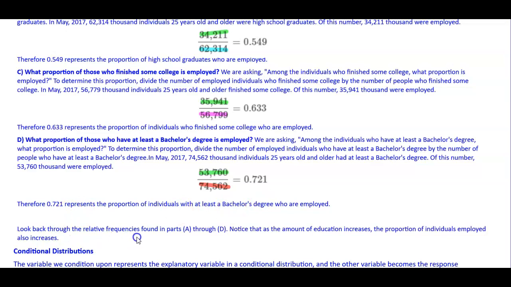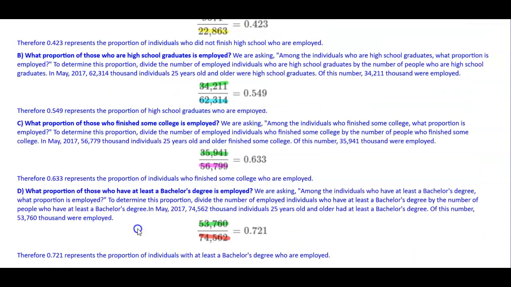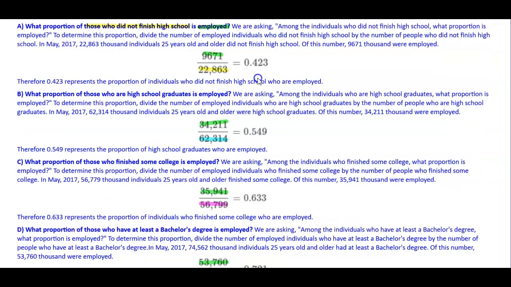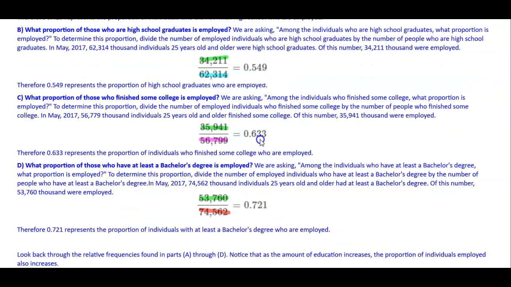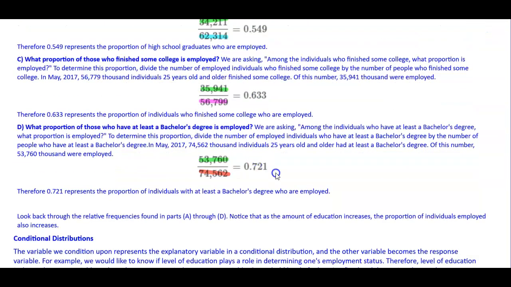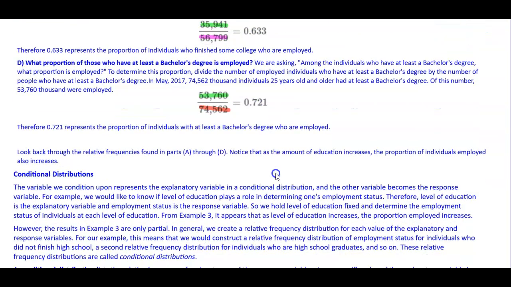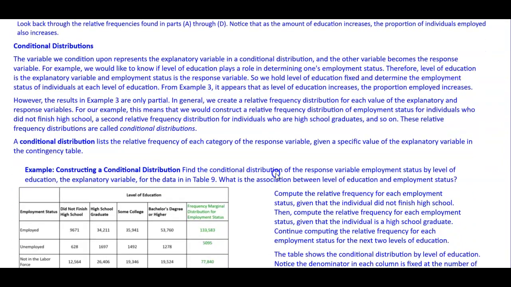Now look back through the relative frequencies found in parts A through D. Notice that as the amount of education increases, the proportion of individuals employed also increases. We can look at this as a percentage: 42.3% to 54.9% to 63.3% to 72.1%. Now, conditional distributions.